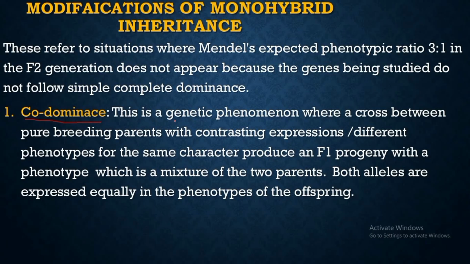Codominance is our first condition. This is a genetic phenomenon where a cross between pure breeding parents, a term we also looked at in the glossary, where organisms consistently show the same characteristic from generation to generation, with contrasting expressions or different phenotypes for the same character.